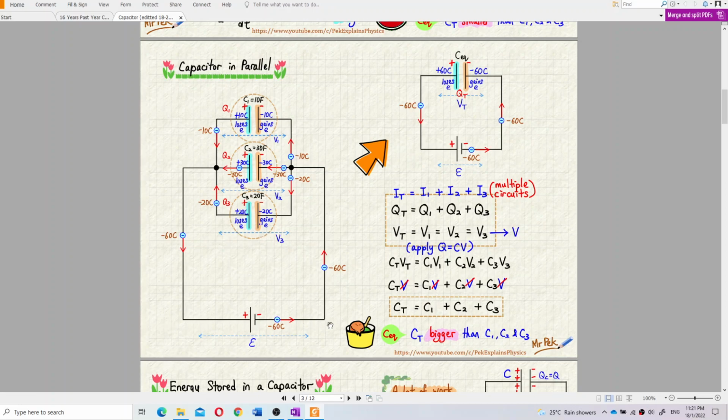The V total is equal to V1 equal to V2 equal to V3, because all of them are connected across the battery. All of them have the same voltage.